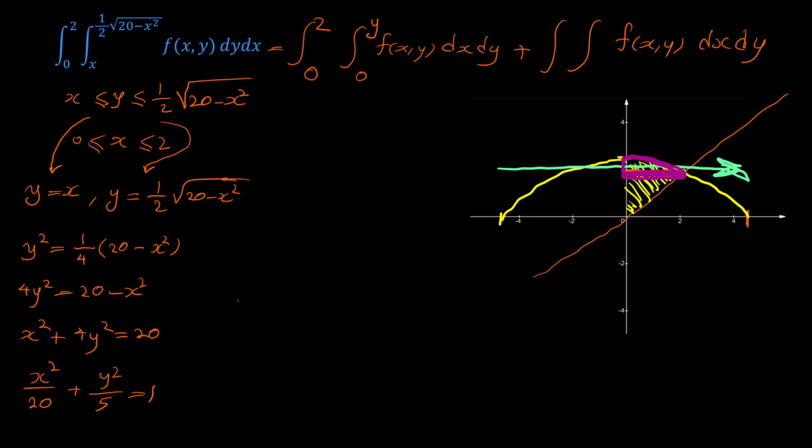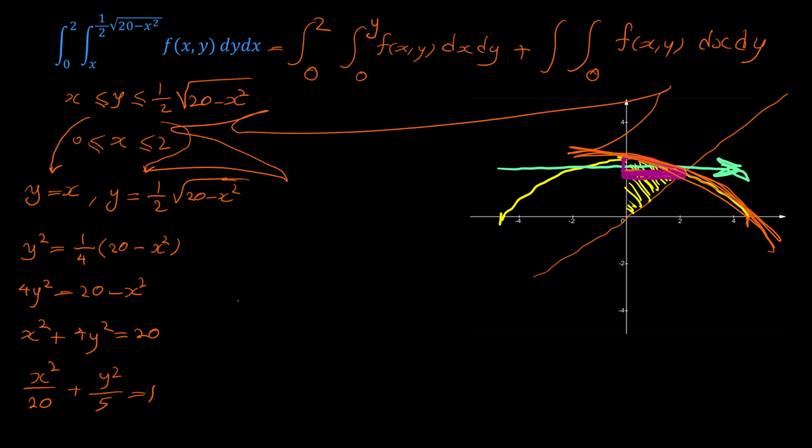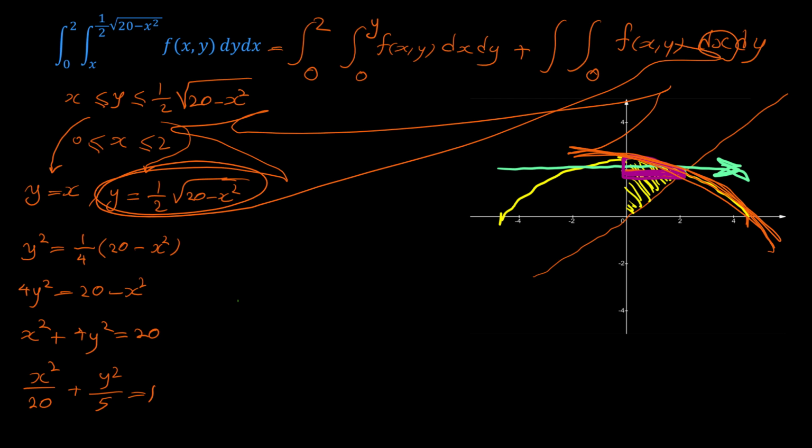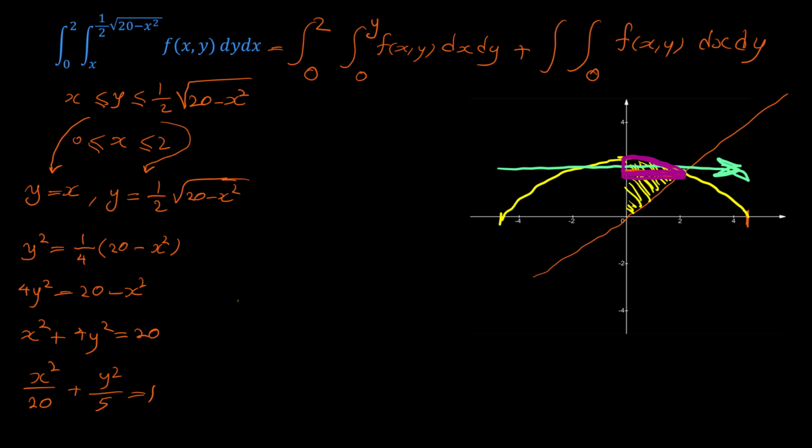Again, x is from 0. The arrow leaves the region at this ellipse. So we have to solve this equation for x because I want to write x in terms of y here.